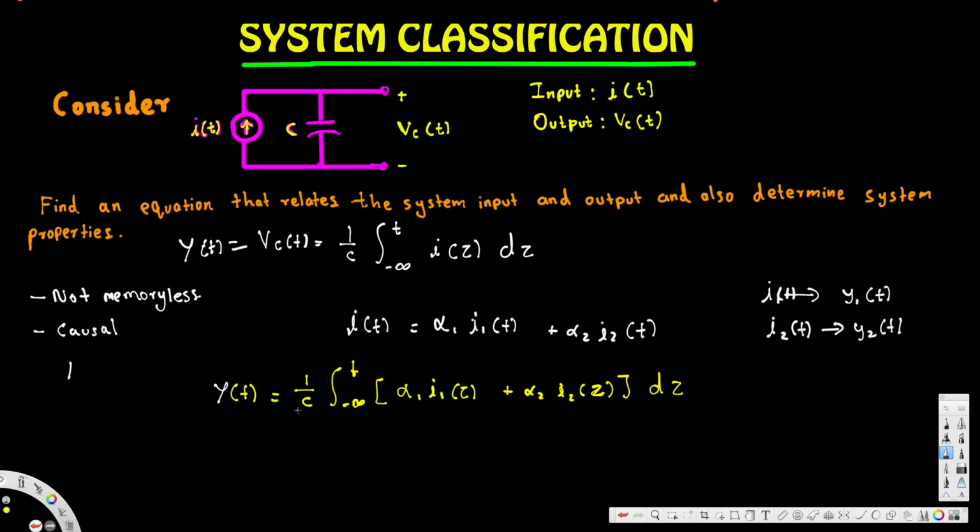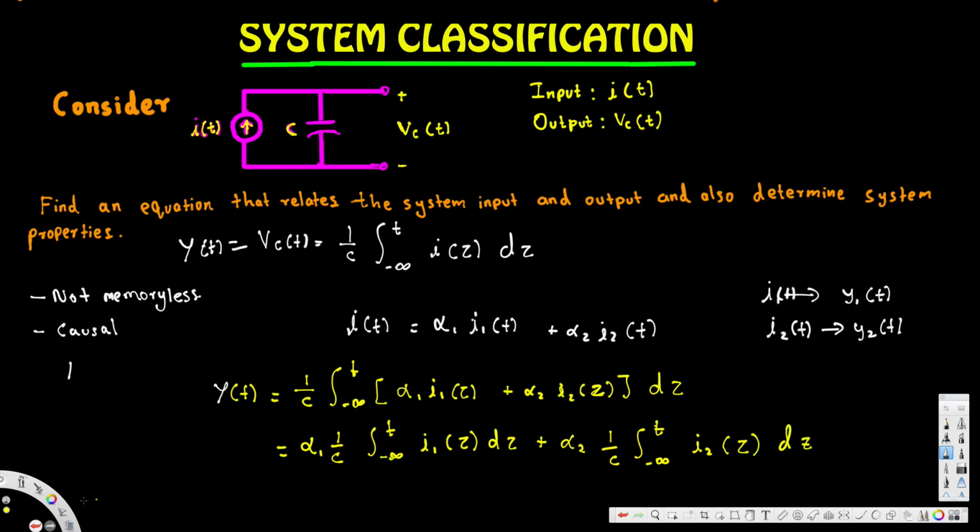Then we can separate this into two different things. We can take alpha 1 to the front since it's a constant: alpha 1 times 1 over c, integral from negative infinity to t of I1 of tau d tau, plus alpha 2 times 1 over c, integral from negative infinity to t of I2 of tau d tau.